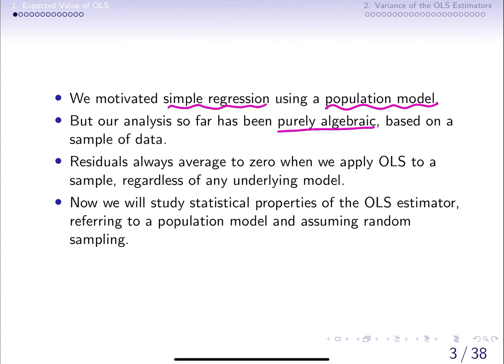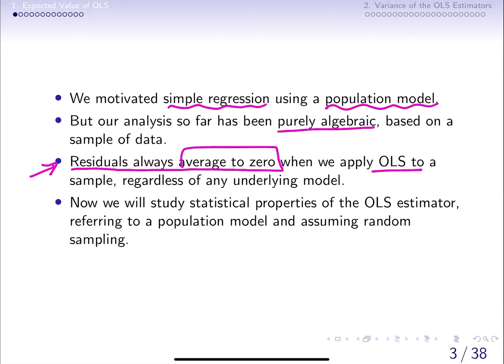Okay. We also showed that residuals average to 0 when we are applying ordinary least squares. Okay, so regardless of any underlying model, if you looked at the residuals and you average them out, they would always equal 0 by the nature of this OLS method.